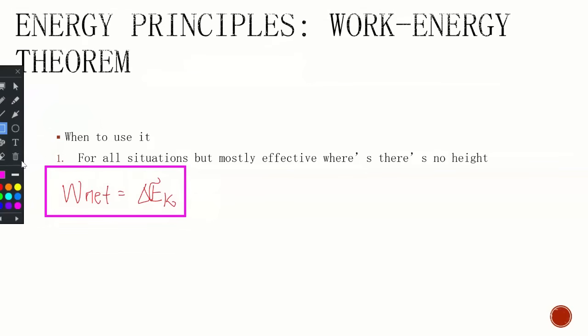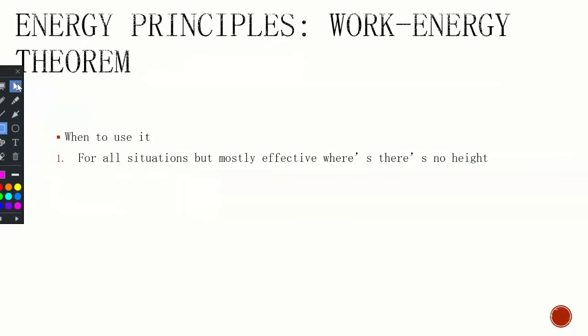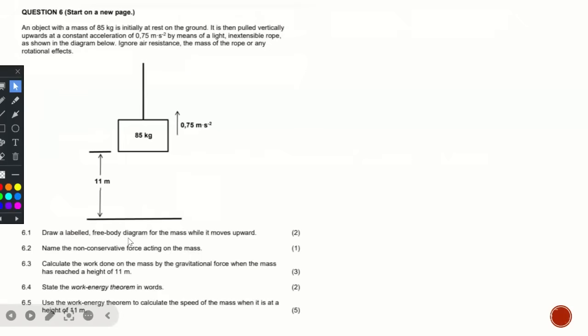Okay, so now let's look at situations whereby we need to apply that formula. We have an extract from an exam, question 6, which says an object with a mass of 85 kg is initially at rest. Note that initially at rest means its initial velocity is 0 meters per second.